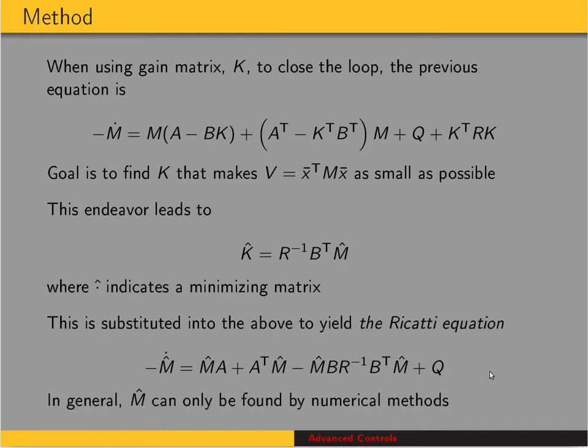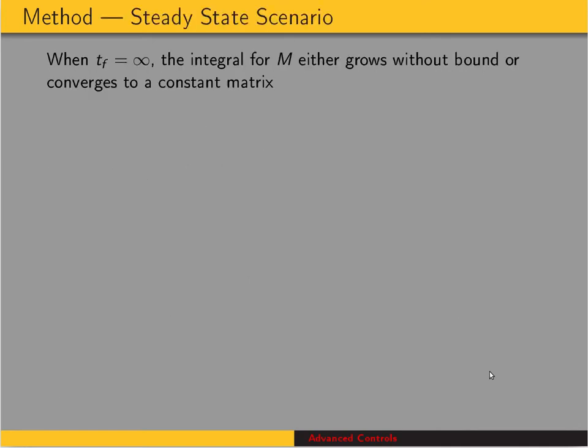Now in general, this matrix M hat, the minimizing matrix, can only be found by numerical methods. But in the first of the two examples in this video that we'll come to in a minute, there's an analytical solution for M, or M hat. Now we're going to apply those equations from the previous slide to the steady state scenario, that is, whenever the terminal time is infinite.